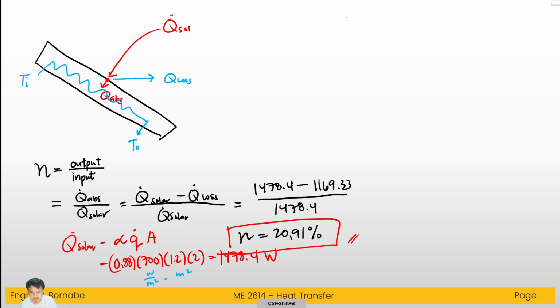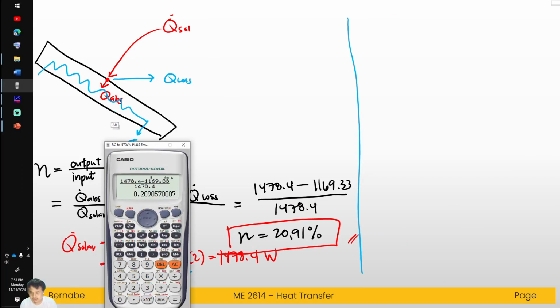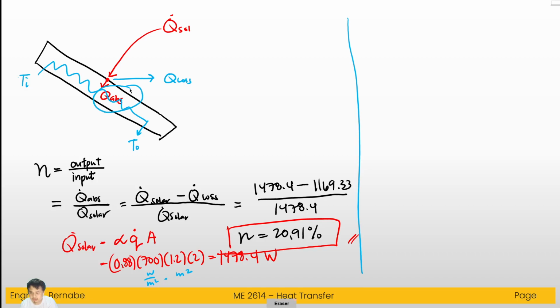Okay, now for the last one, how do we find the temperature rise of the water as it flows through the collector? We know that only the absorbed heat is utilized for heating the water. Therefore, the energy in, energy out scenario is included here. So basically, the heat absorbed by the solar plate collector is equal to the energy gained by the water.